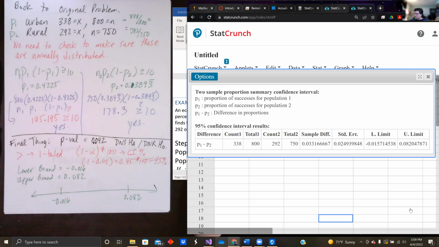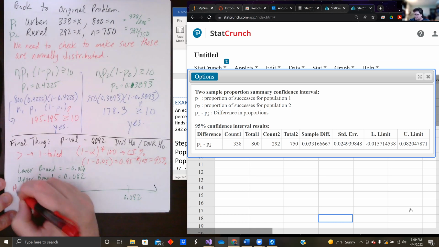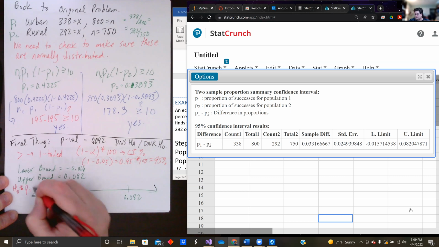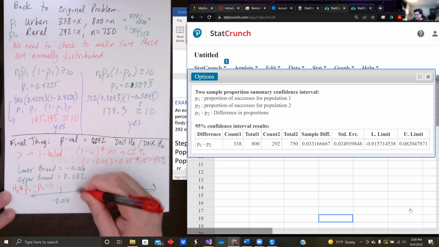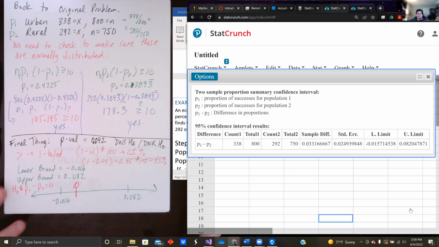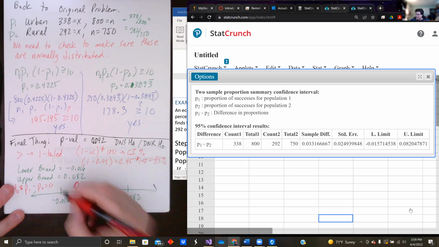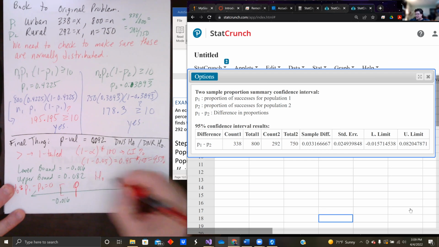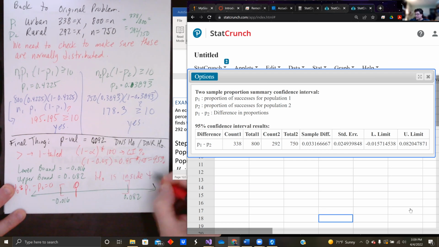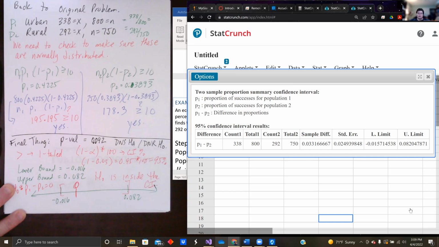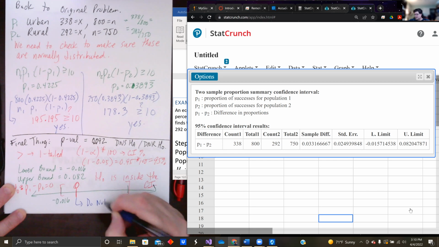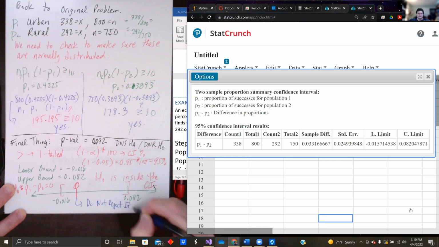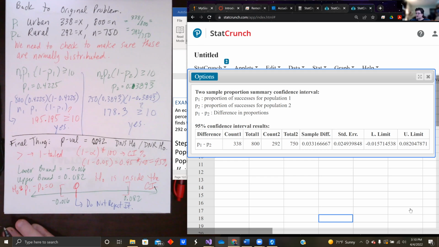Where is 0? Well, 0 is in between these. It's a little bit closer to the negative one, but 0 is right here. So H naught is inside our confidence interval, and that's why we don't reject it. We don't reject it because it's possible. It's sitting right there in the box.